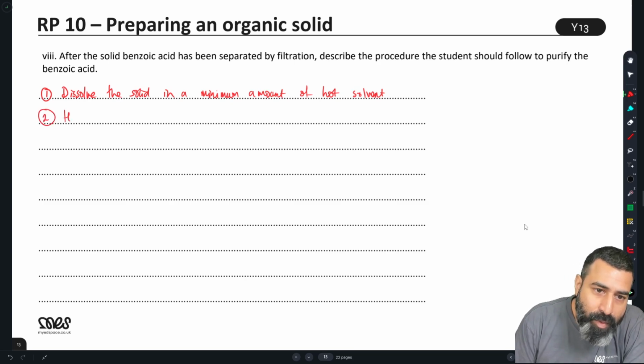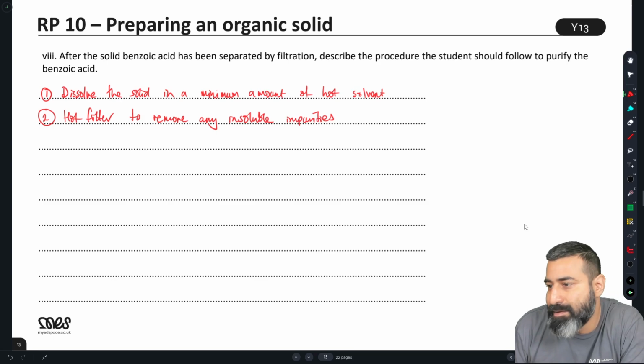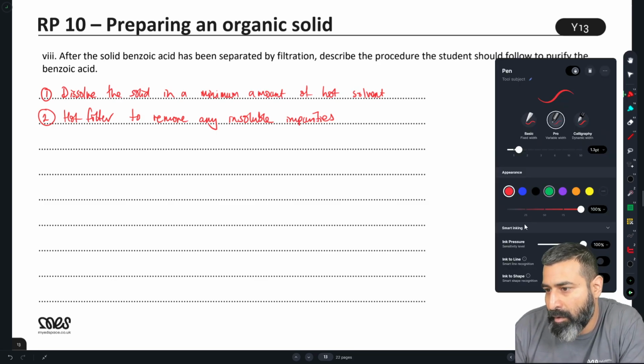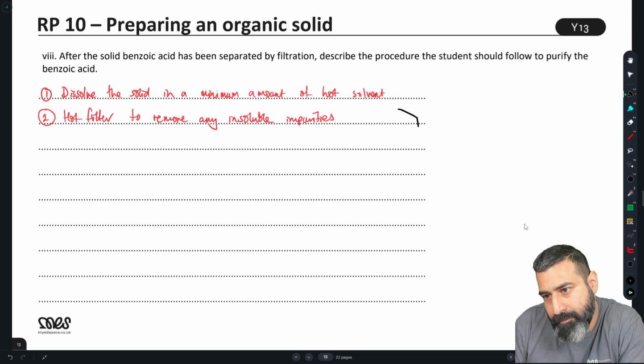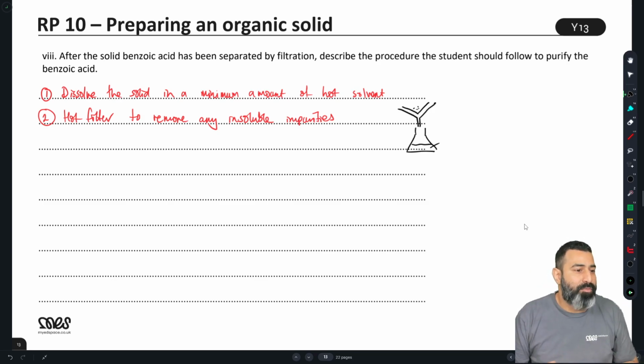And then what we're going to do is we're going to hot filter this to remove any insoluble impurities. Sounds fancy, but it's not really, because all we're doing is we're filtering this, and we've got a filter paper in here. We're filtering this when it's hot, and any insoluble impurities are going to be caught by the filter paper, and then our filtrate is going to be in here. Still going to be hot, presumably, okay?